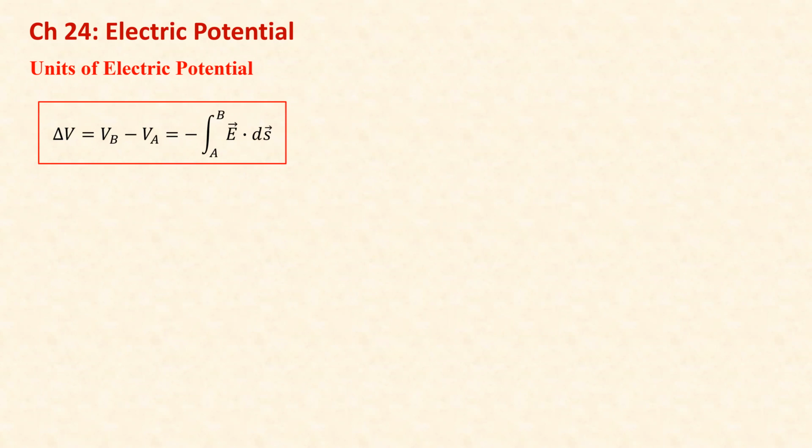Now, what is the unit of electric potential? From this formula, you see that the unit of potential is the unit of electric field times the unit of distance, which is meter, which is Newton per Coulomb times meter.